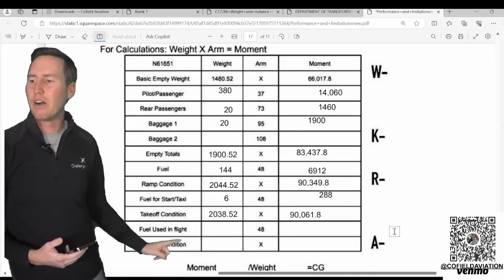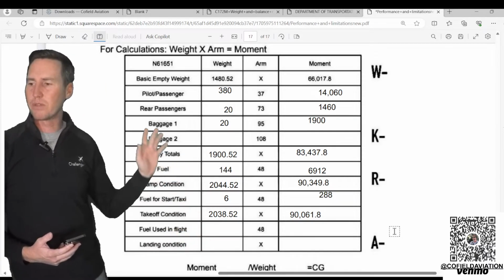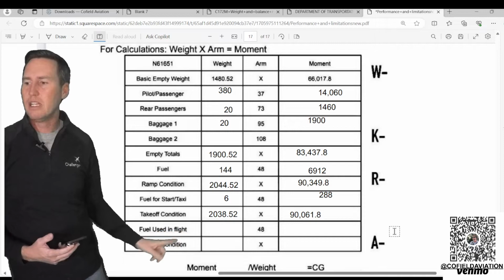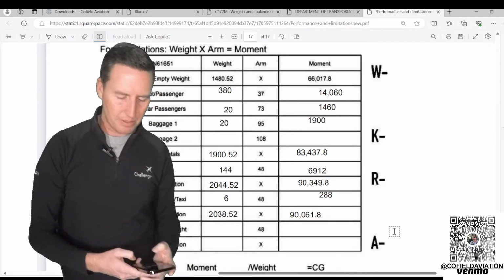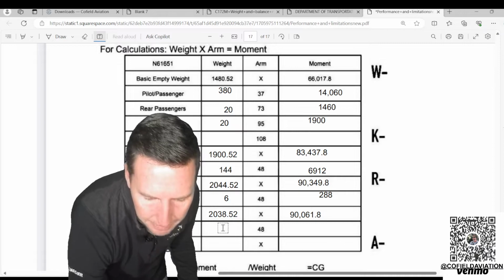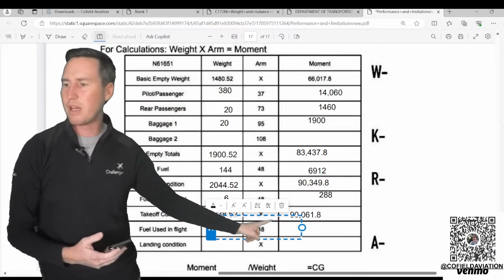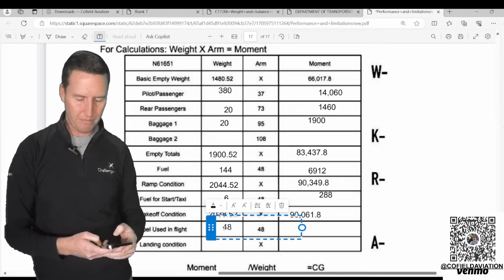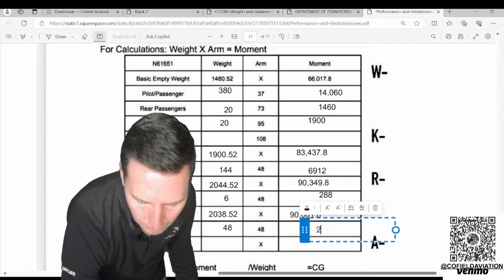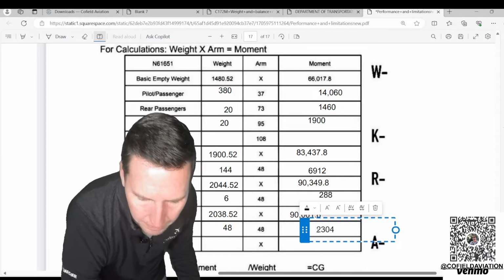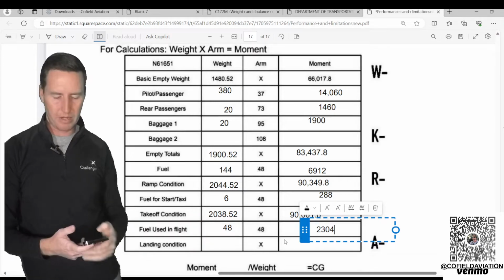Now, let's just say we go out for an hour flight. Usually it's about an hour, right? So we're just going to say we burned 8 gallons. So 8 times 6 equals 48. So fuel used in flight would be 48. And then we're going to multiply that by the arm of 48. So that is 2304. And again, we're going to subtract these two because that's what we burn, right?